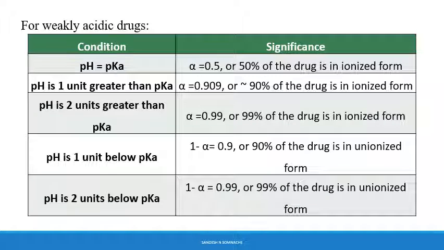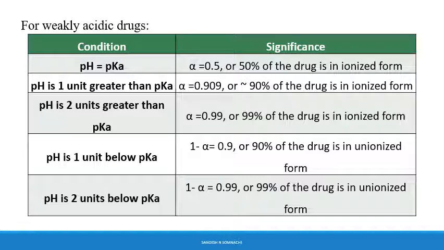When pH is 1 unit greater than the pK value, then alpha is equal to 0.909, or approximately 90% of the drug remains ionized. When pH is 2 units greater than the pK, alpha is equal to 0.99, or 99% of the drug remains in ionized form.